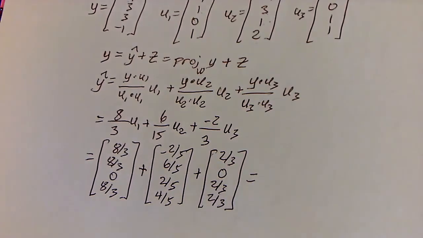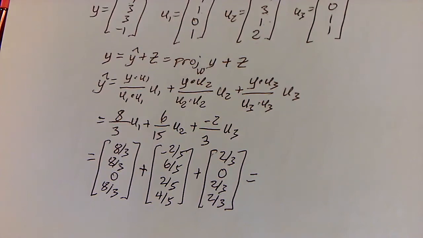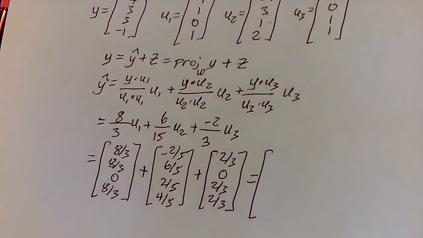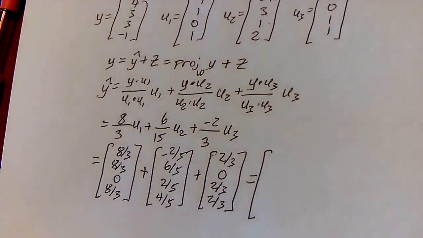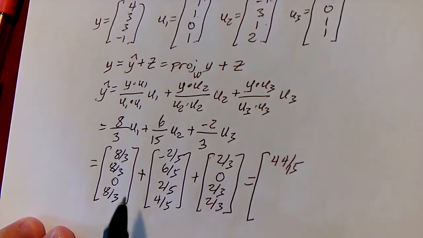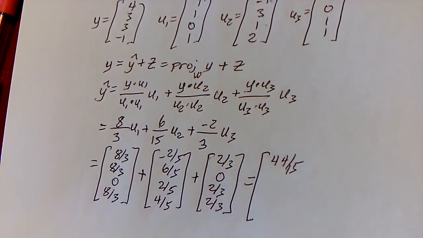So 8 thirds and 2 thirds is going to be 10 thirds minus 2 fifths. Okay, that is 44 over 15. I got 44 over 15. Okay. Next one, I've got 8/3 and 6/5. Okay, you'll get some ugly fractions. It happens.